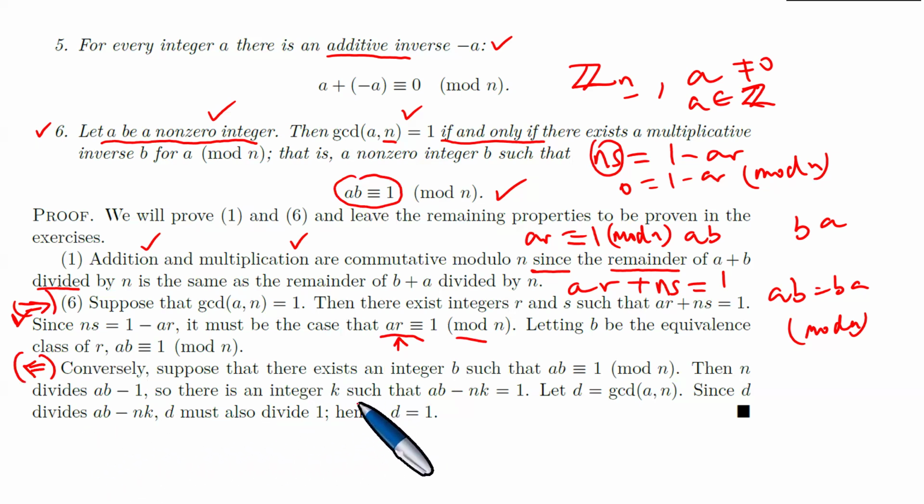So there is an integer k such that AB minus nk is equal to 1. Why is this the case?